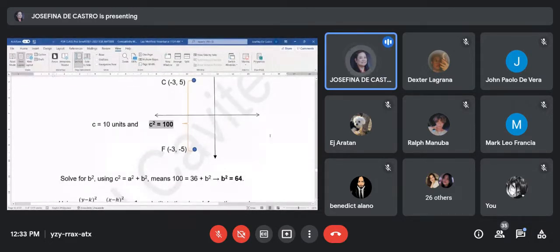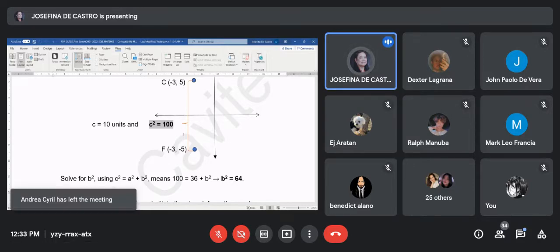Yun nga yung napag-alaman ko na pagka ganito pa sa writing equation ay pag-identify ng C, A, and B ay hindi alam. So, from center to one focus, C po yun, focal length. From center to one vertex, yun po ay A, semi-transverse axis.